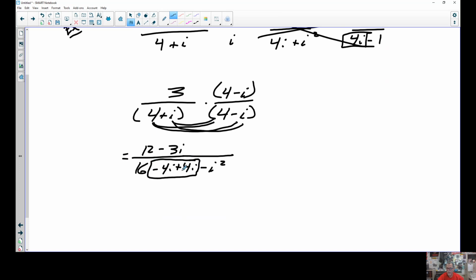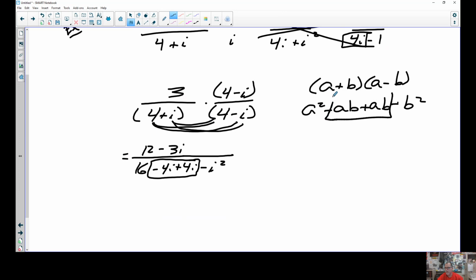And that was the whole idea. For those who are saying, well, I'm still getting i's in the denominator, you're not, because these are going to cancel each other. That was the whole idea. When we had a plus b times a minus b, that's why we chose the conjugate. What happens is you get a squared minus ab plus ab minus b squared. So these things are always going to cancel out.